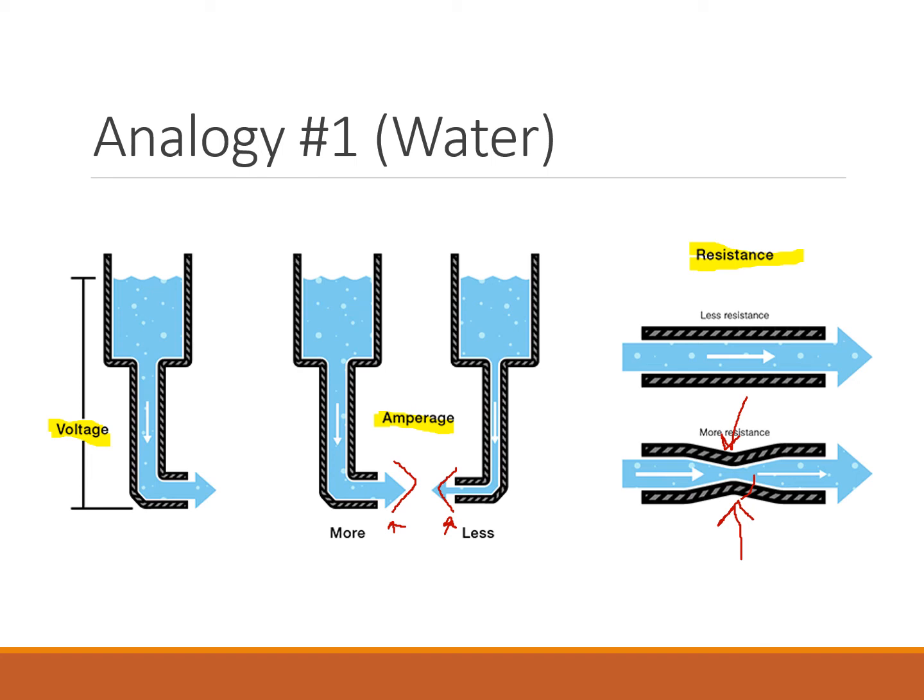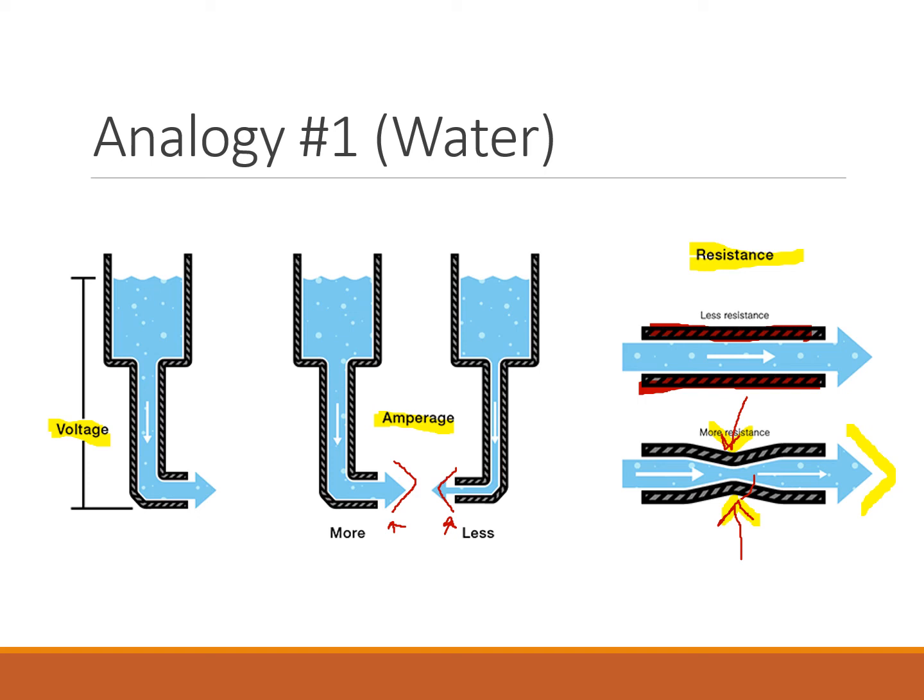In this case, our conductor is a pipe, and in one, the radius is constant throughout, and in the other, the radius has a pinch spot where it gets smaller. So this second pipe has more resistance because it causes the water to slow down at this pinch spot.